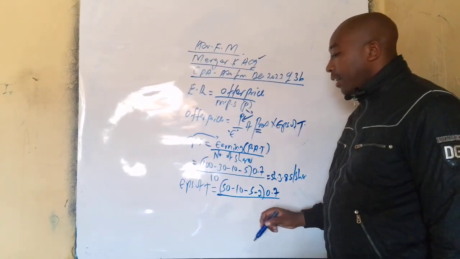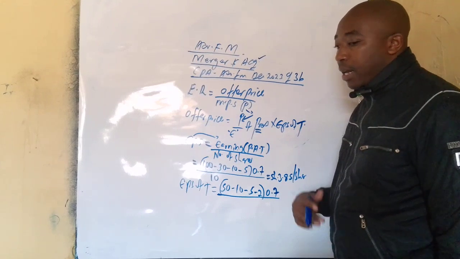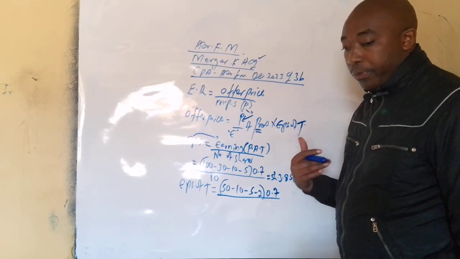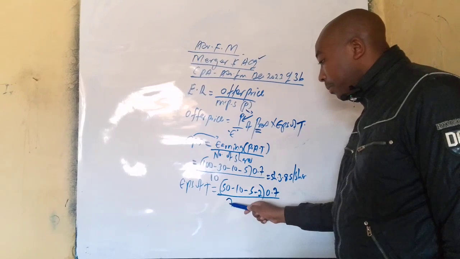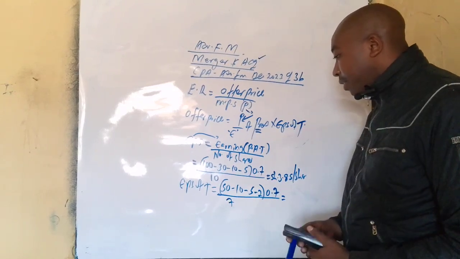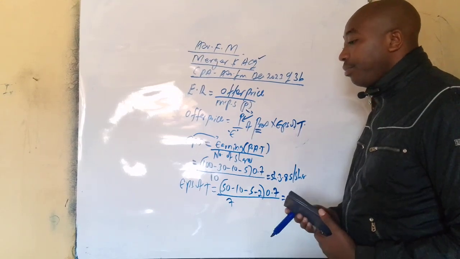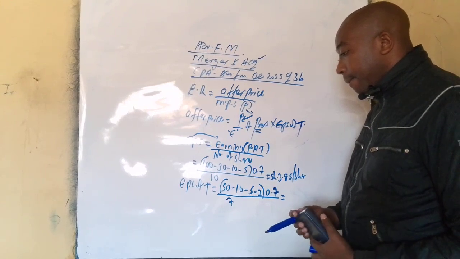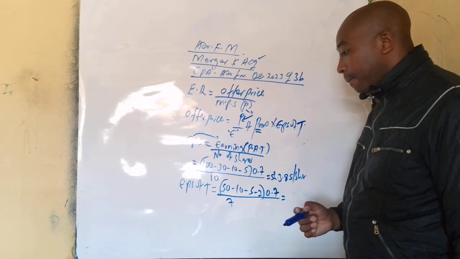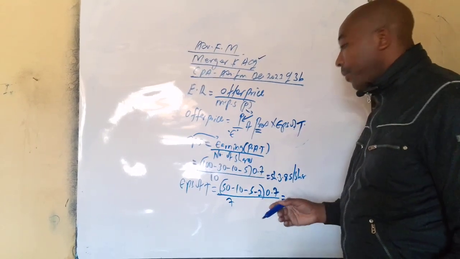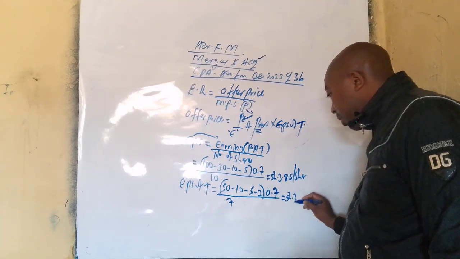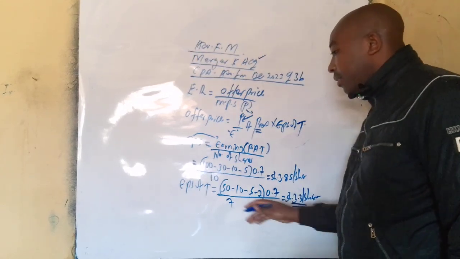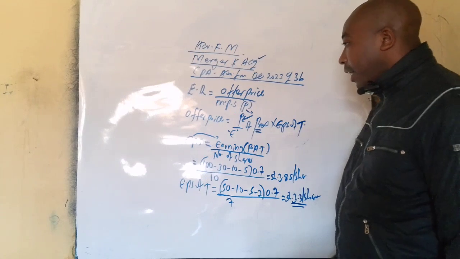Then what you get, you divide by the number of shares in this company. And in this company, we have 7 million shares. Do that. Shillings 3.3 per share. This is the EPS of this target.